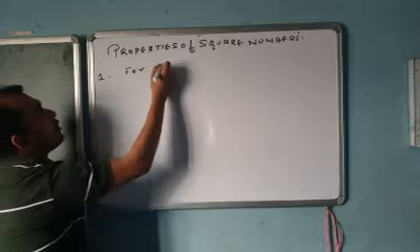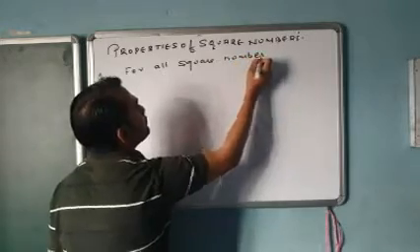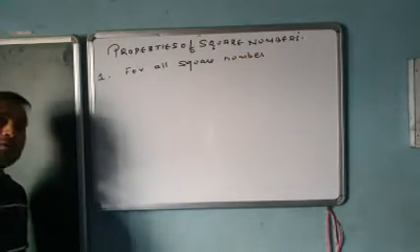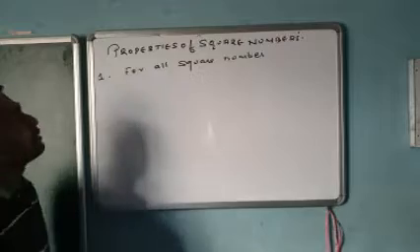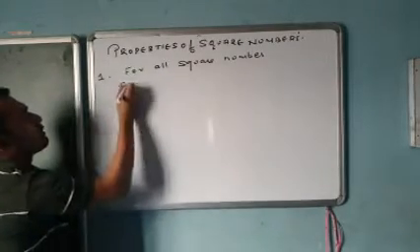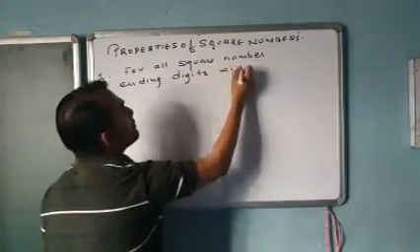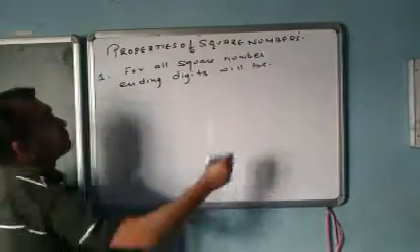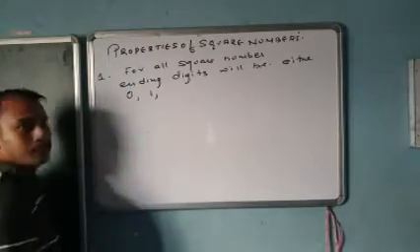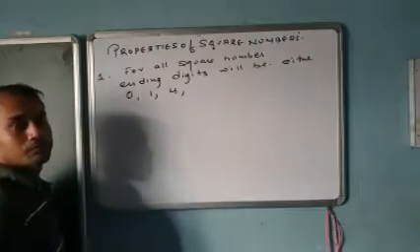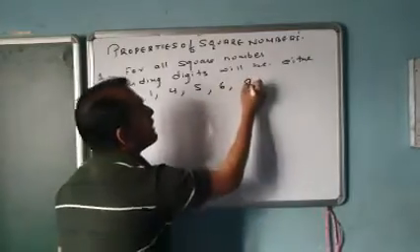For all square numbers, if you take a square of any number, whether you take a square of 1, 2, 3, 4, 5, anything, for all the square numbers, ending digits will be either 0 or 1 or 4 or 5 or 6 or 9.